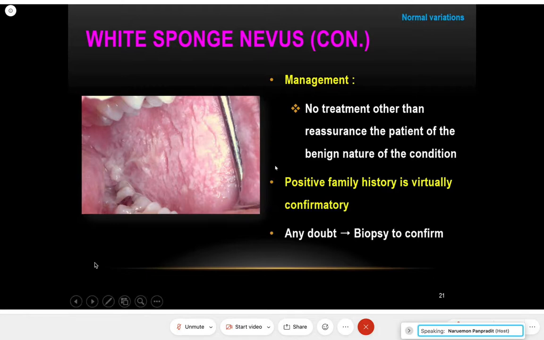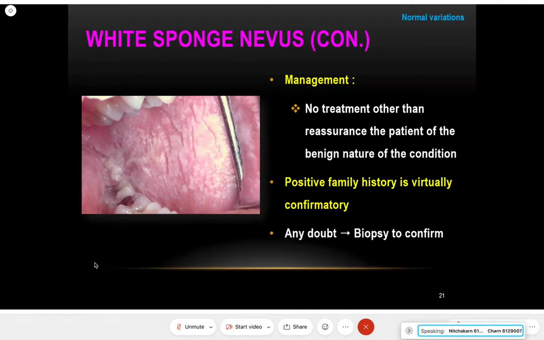However, white spongy nevus looks like some other important lesions. Can someone help me answer which lesion it looks like? When it shows like this, it's like a white plaque that cannot be wiped off. Oral lichen planus?